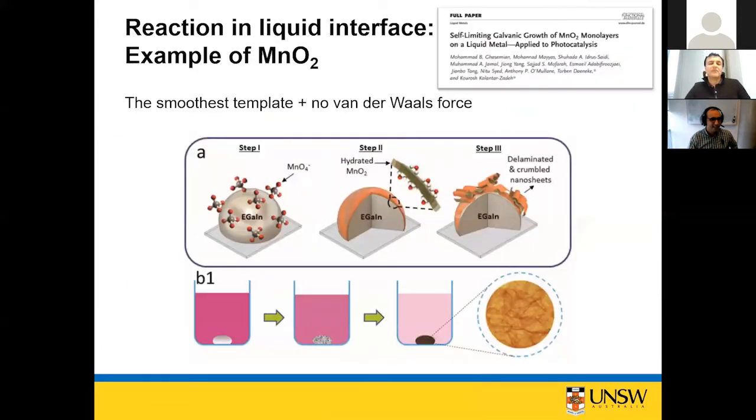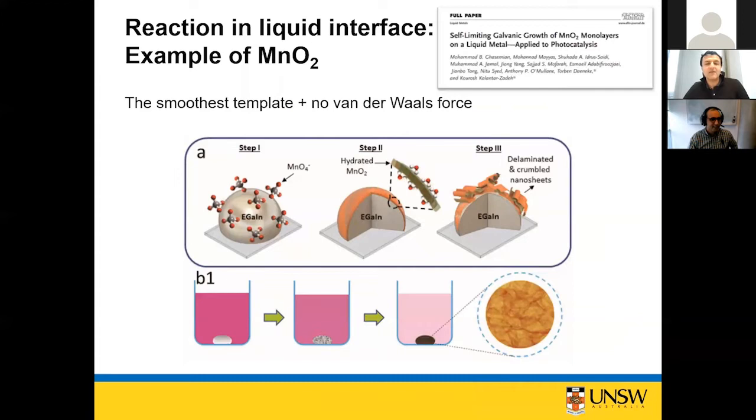Now, we talked about dissolving things into liquid metals. What if the material cannot be dissolved? Manganese. Well, we cannot alloy manganese into liquid metals, but we can still use the surface properties of liquid metal to obtain two-dimensional materials. Here is an example.